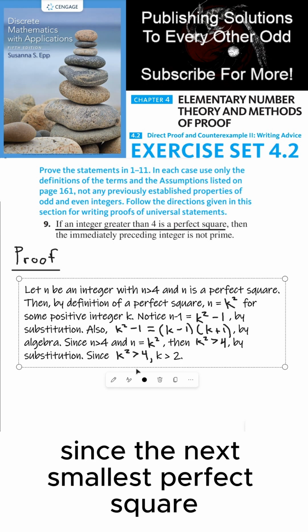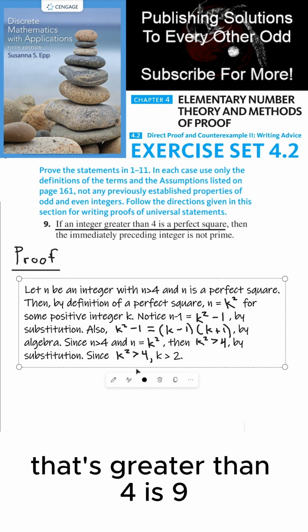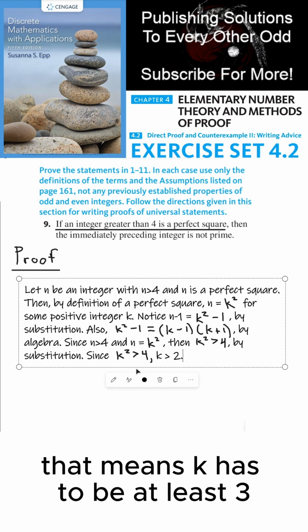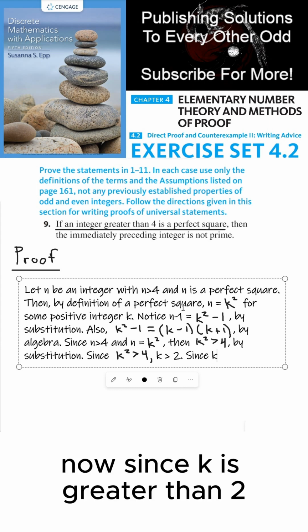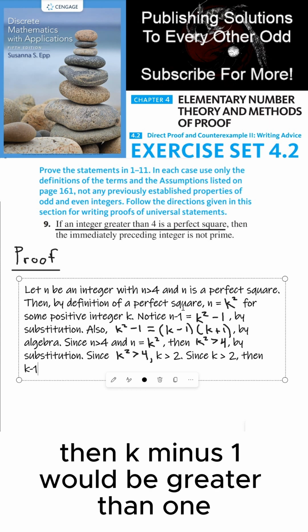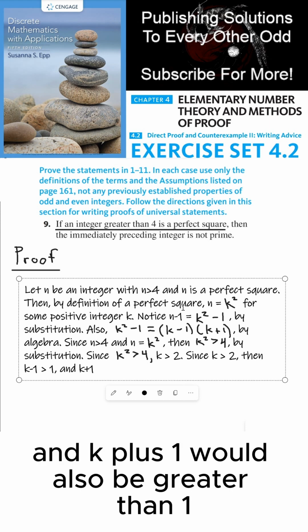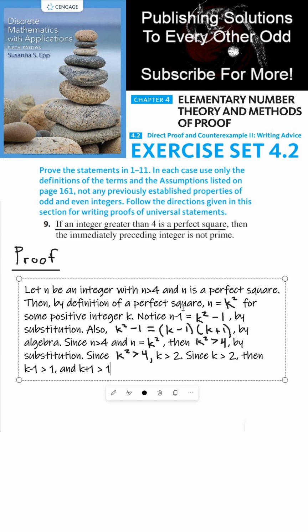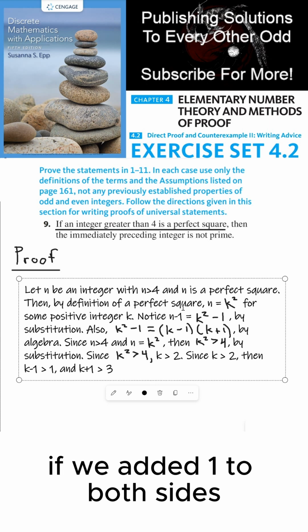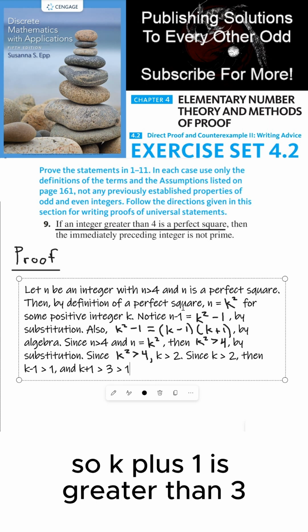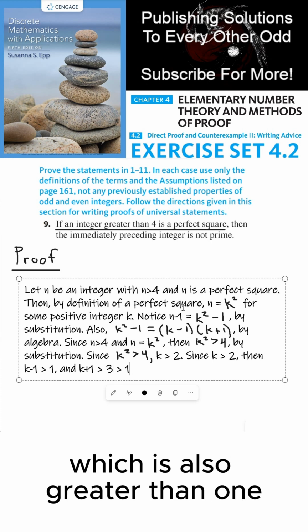The next smallest perfect square that's greater than 4 is 9, which means k has to be at least 3. Since k is greater than 2, k minus 1 would be greater than 1 by subtracting 1 on both sides. And k plus 1 would also be greater than 1, since it would be greater than 3 if we added 1 to both sides. So k plus 1 is greater than 3, which is also greater than 1.